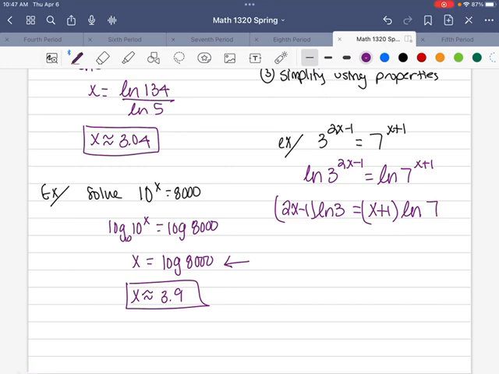We're going to distribute the natural log in. So we'll get 2x times the natural log of 3 minus 1 times the natural log of 3 equals, distribute this also, x times the natural log of 7 plus the natural log of 7.